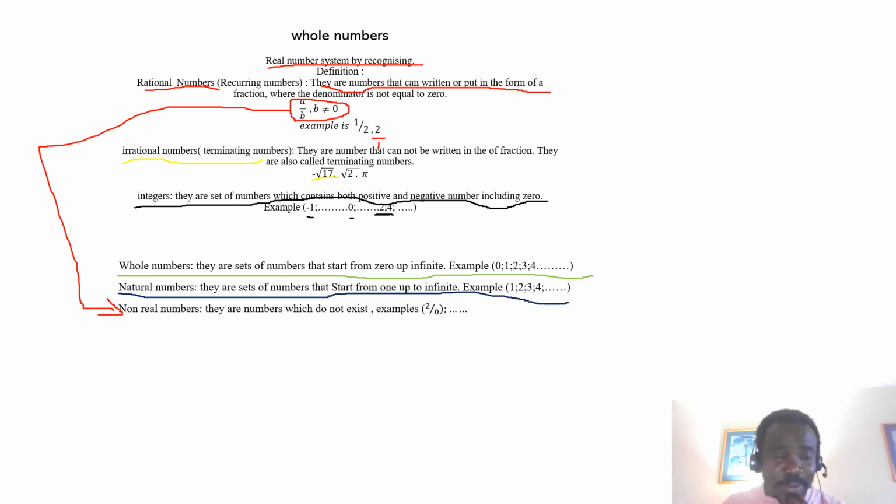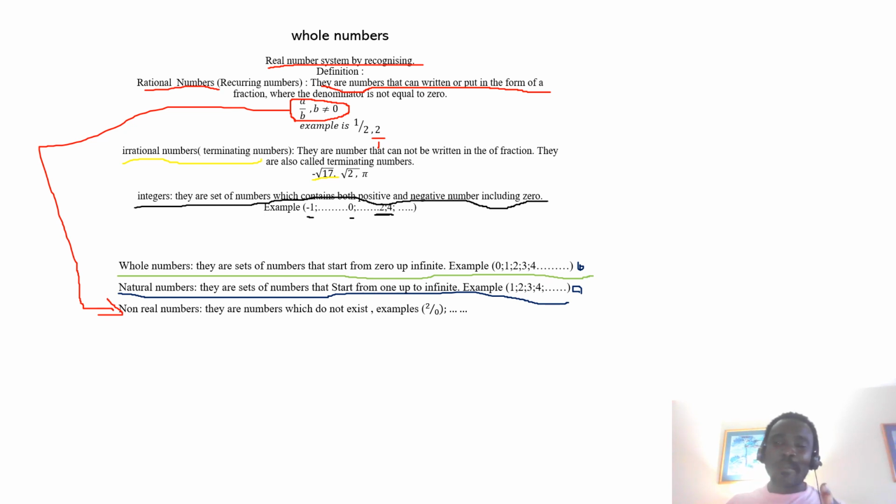Natural numbers are a set of numbers that start from 1 up to infinity. The example here is 1, 2, 3, 4 up to infinity, and the example of whole numbers is 0, 1, 2, 3, 4 up to infinity. One may ask, what is the difference between a whole number and a natural number? Natural numbers are a subset of whole numbers.